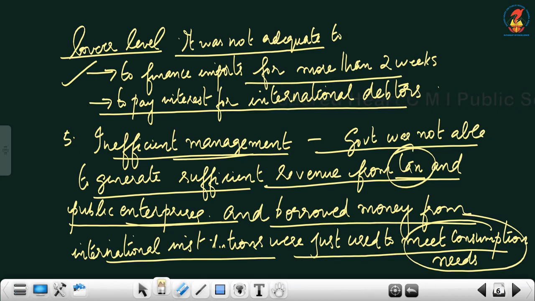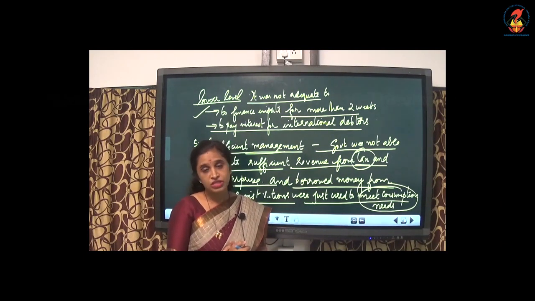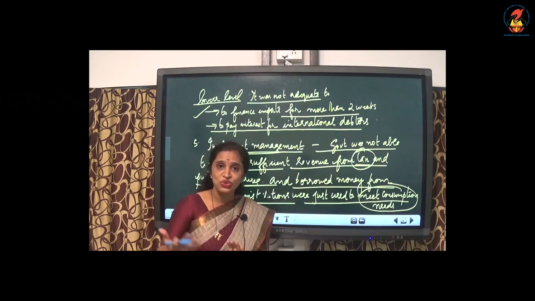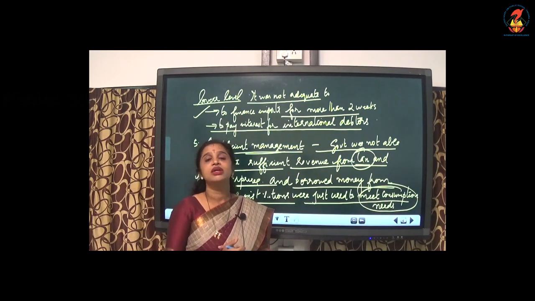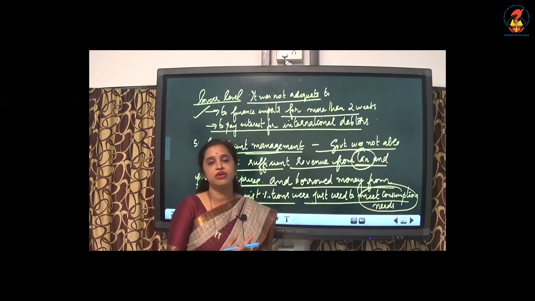To meet the daily needs, the government had to borrow from international institutions. So, that much pathetic the situation was. The government couldn't collect the amount of money from the tax, and there was no profit in running the government enterprises. Therefore, the source of revenue was very less for the government.